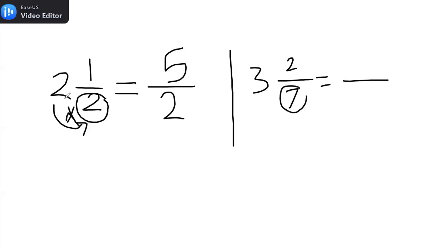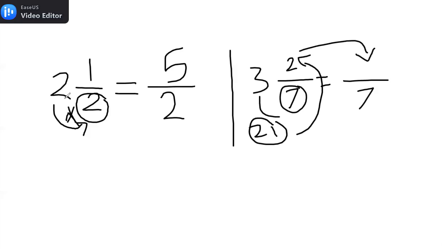So the denominator will be the same. 3 times 7 equals 21. 21 plus 2 will be 23. Thank you, Yusuf. Another one.